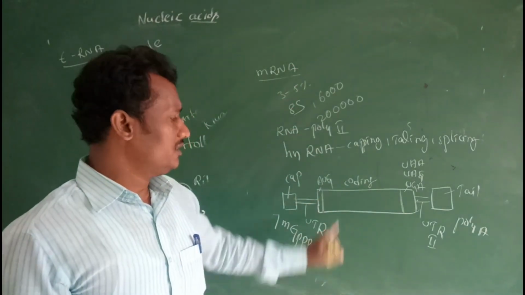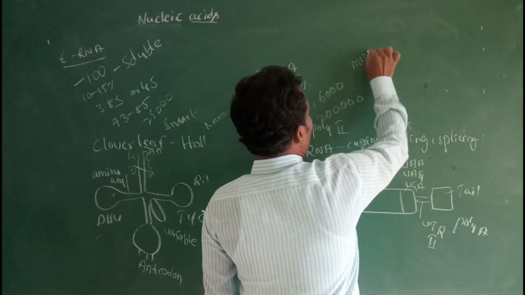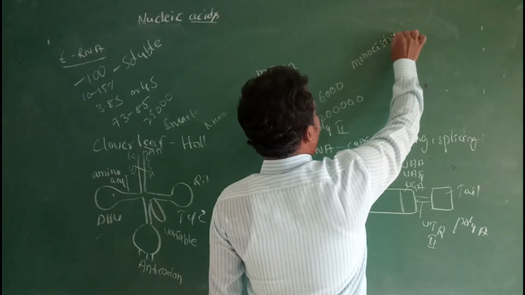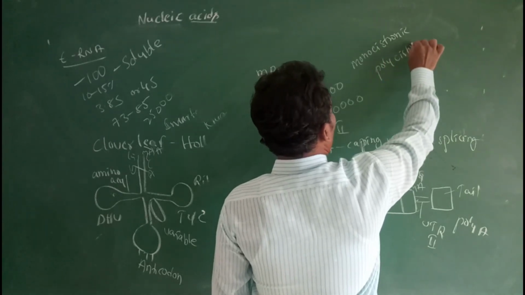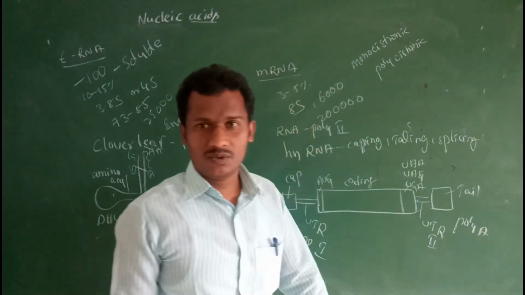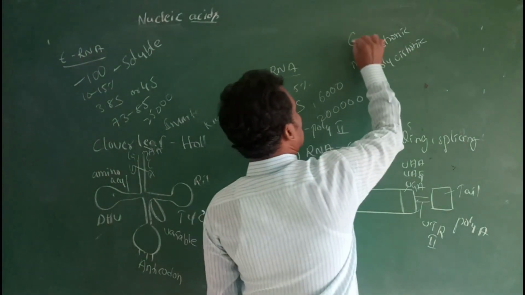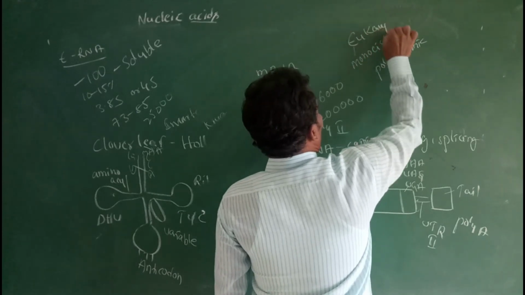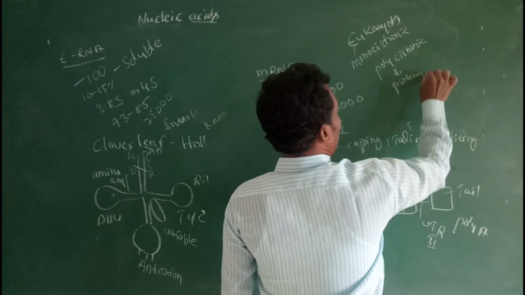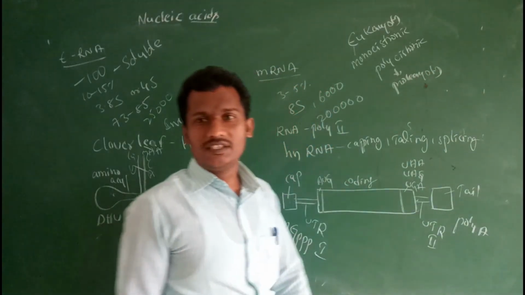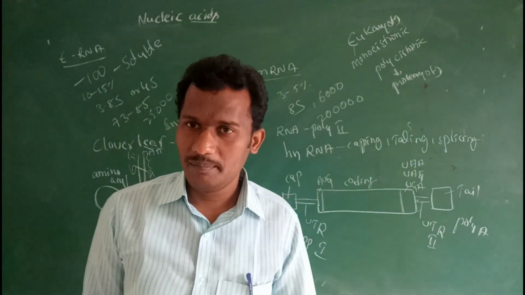Generally mRNA is of two types: monocistronic and polycistronic. Monocistronic means it forms only one type of polypeptide.